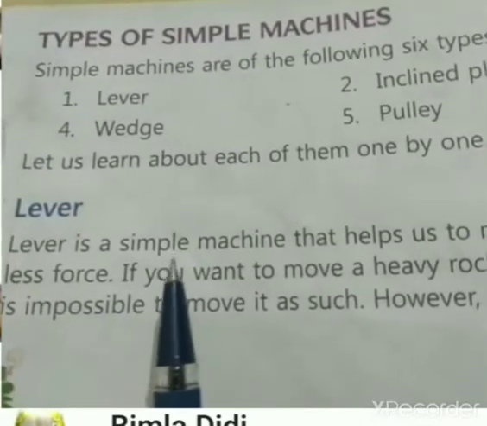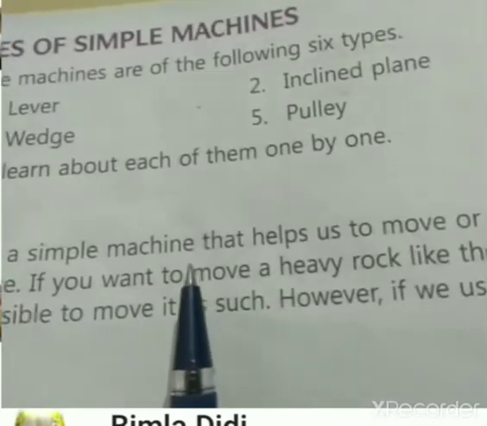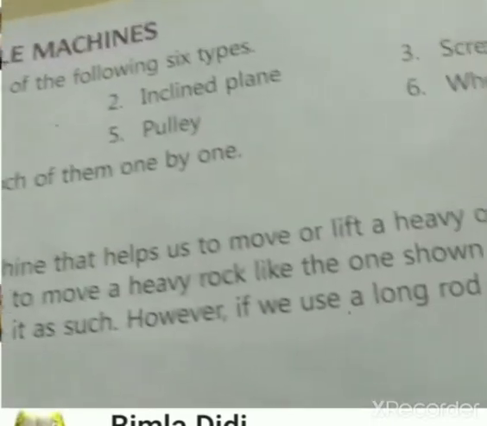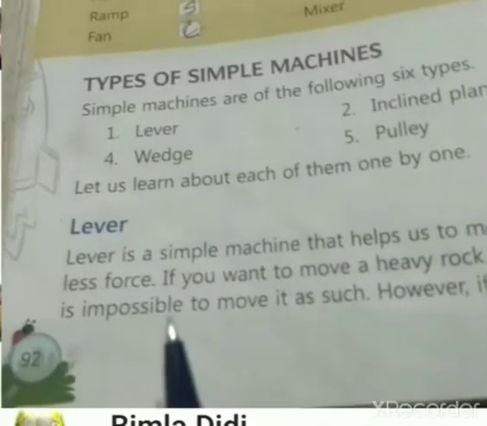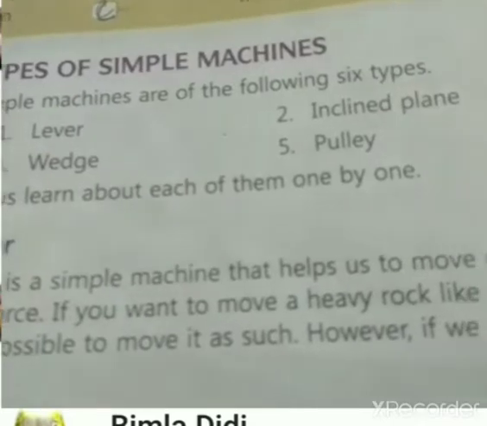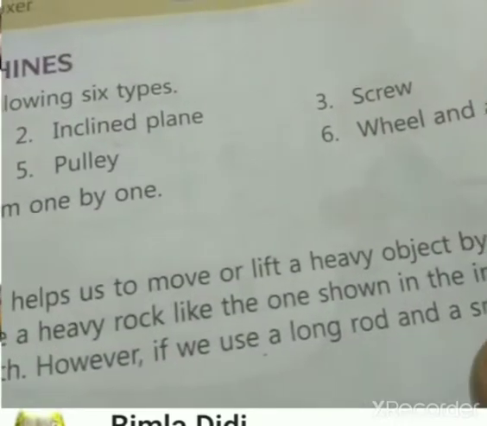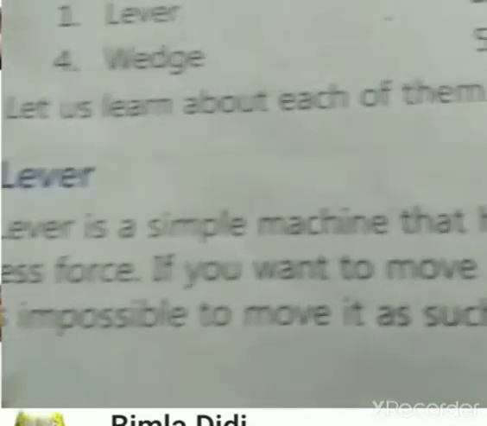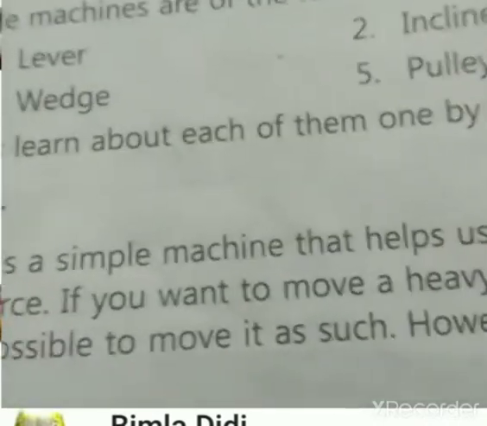Lever. What is a lever? A lever is a simple machine that helps us to move or lift a heavy object by using less force. So if you want to move a heavy rock like the ones shown in the image, it is impossible to move it as such.